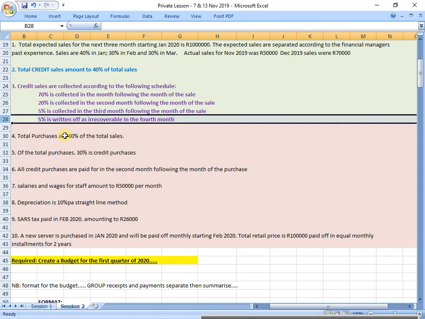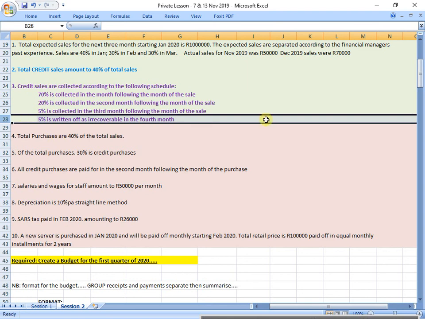What does it mean to write off bad debts? To cancel them. So you owe me, but in month 4, you can't pay me. What do I do? I write it off. Is that an outflow? No, I don't lose money. Is that an inflow? No, I don't get money.